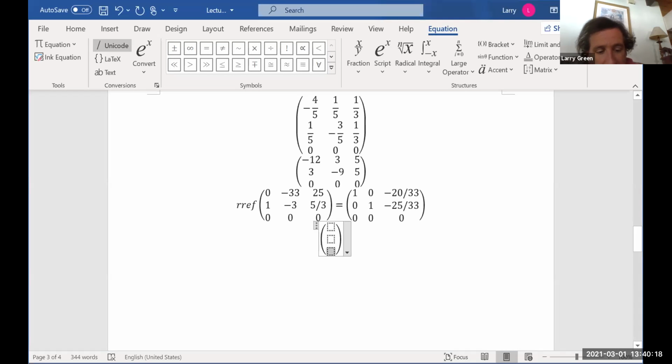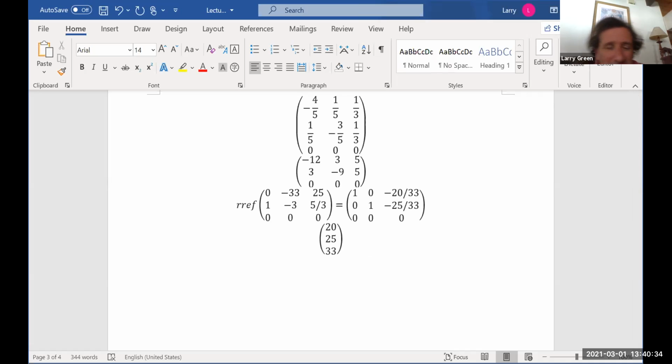So if I let z be 33, and then we get 20 and 25. Okay, what's the last step? The hint is this is one possible eigenvector, but it's not the one we want. So what do we want?